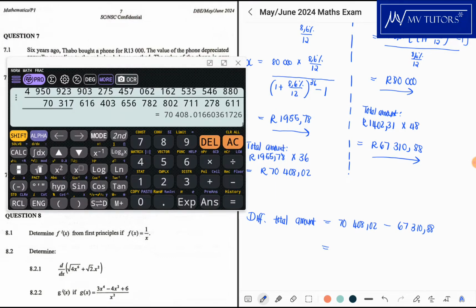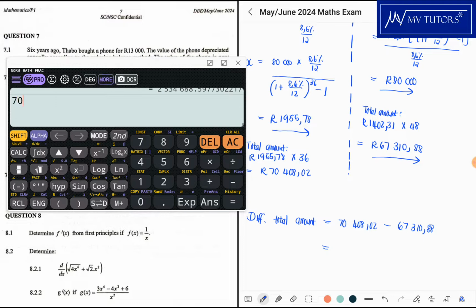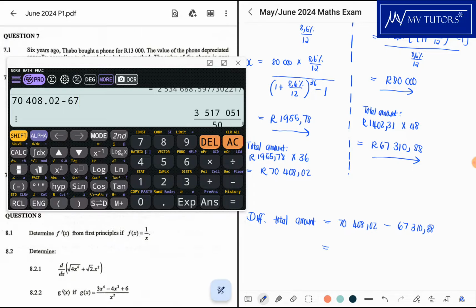So if we take that amount, 70,408.02 minus 67,310.88. I don't like using rounded off values, but for the purpose of this exercise, I think I'll be fine. So we have 3,097 Rand and 14 cents.